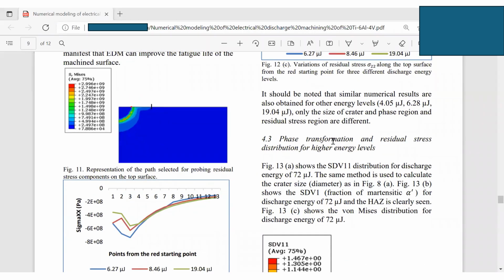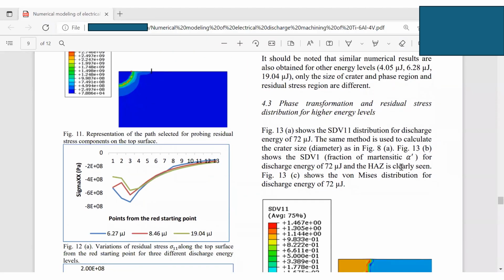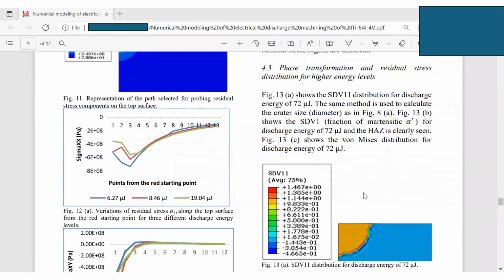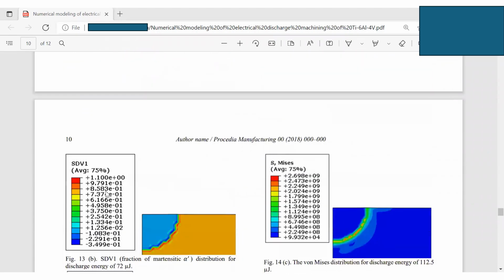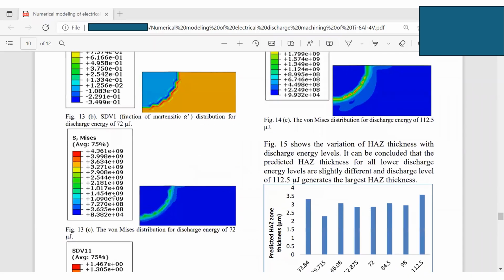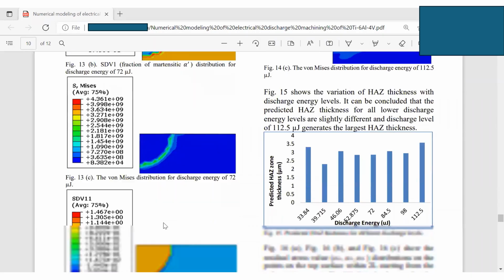And then this is the phase transformation and residual stress for high energy level. For a very, very high energy level, experimentally we cannot accomplish this, so we just use the model to predict. You can see this 72 microjoule is STV11. I'm sorry, this is STV1. This is the von Mises stress distribution.